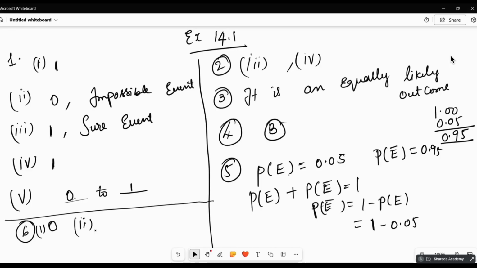Okay, listen here carefully. In the bag, there are only lemon flavored candies. You will take one. What type can you get? Lemon flavored. He is telling lemon flavored. So the probability of getting the same is one, no?